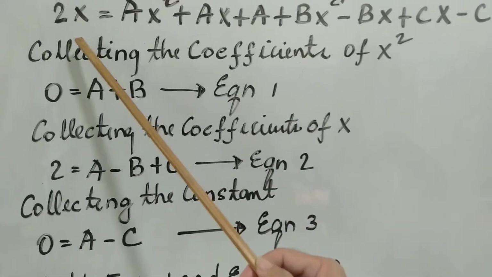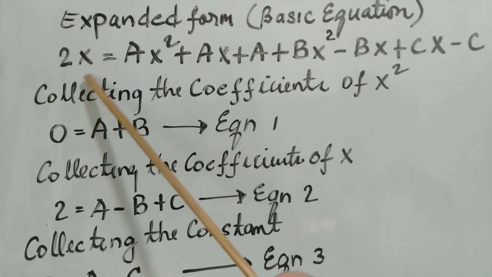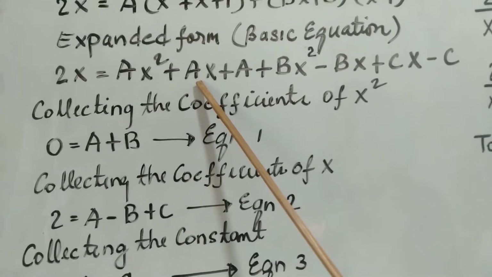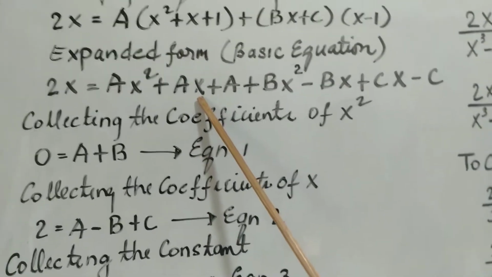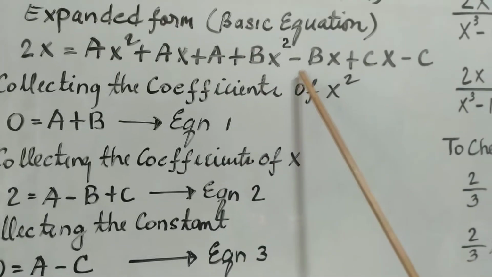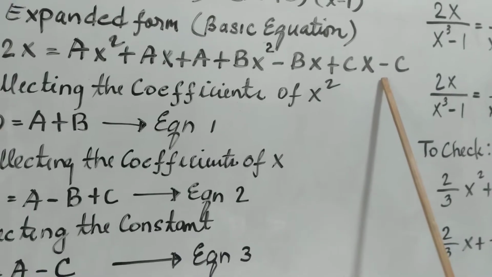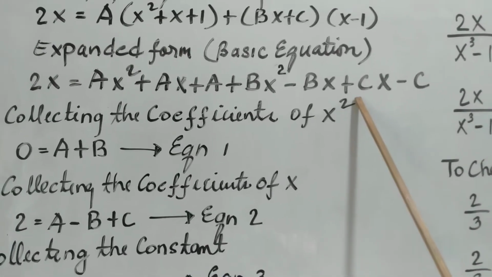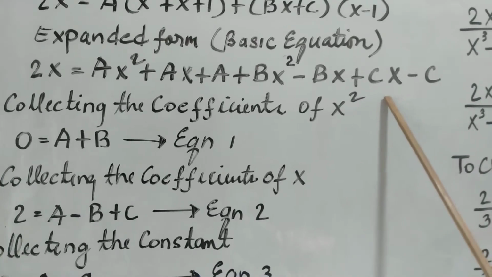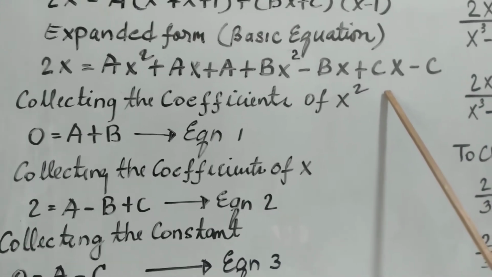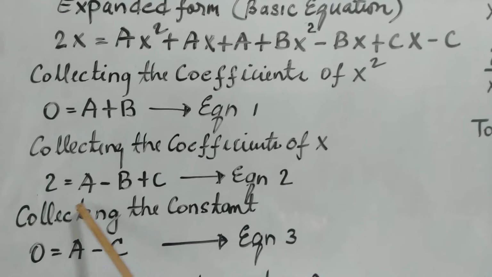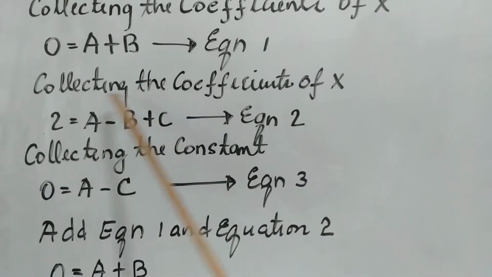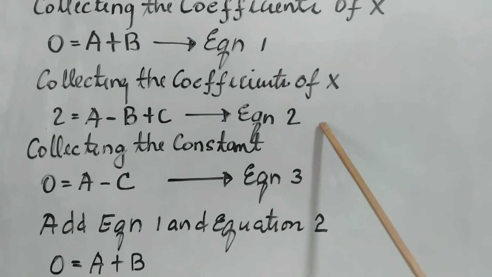Next thing is to collect the coefficients of x. So this one we have a coefficient 2 here, and on the right side we have A minus B plus C. So 2 is equal to A minus B plus C. So we now have the second equation, call this one equation 2.